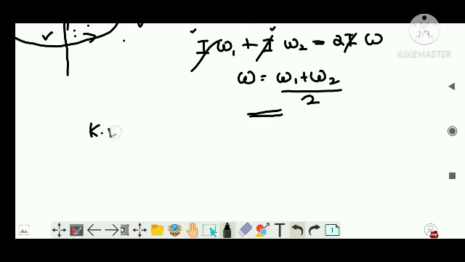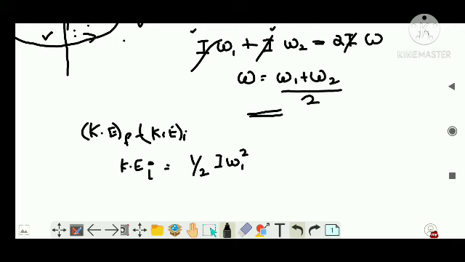You are asked what is the change in kinetic energy, or the loss in kinetic energy, meaning final kinetic energy minus initial kinetic energy. So what do you say about the initial kinetic energy? That is half I omega 1 square, the kinetic energy of the first object, plus half I omega 2 square, the kinetic energy of the second.